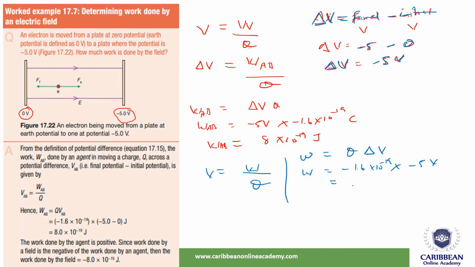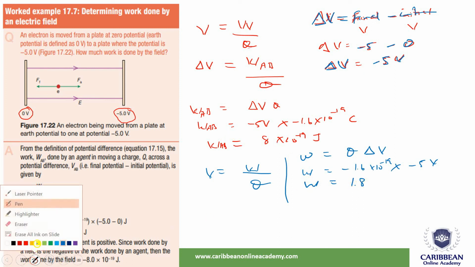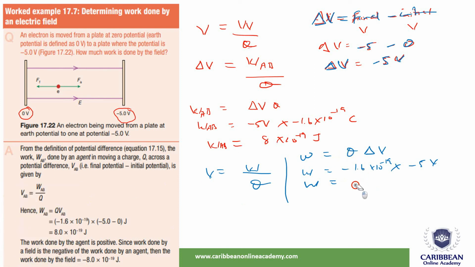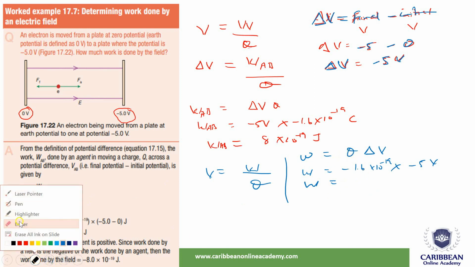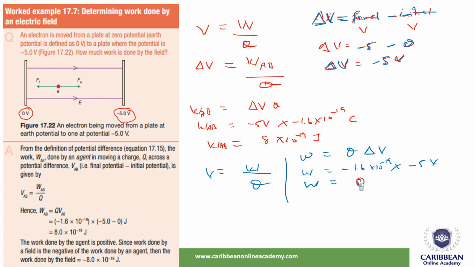That gives us that the work is going to be, not 1.8, rather 8 times 10 to the minus 19 joules. This is the work that was done on the charge to move it from a potential of 0 to -5.